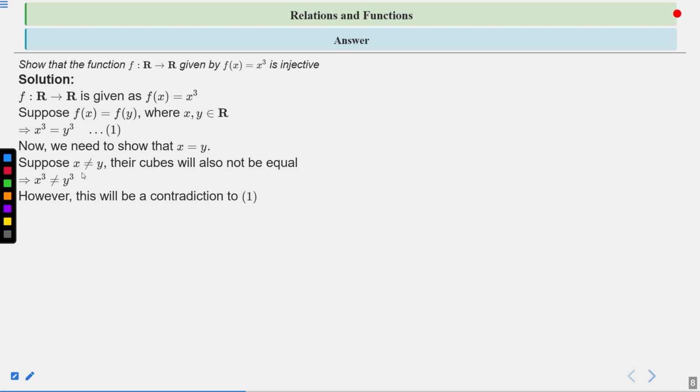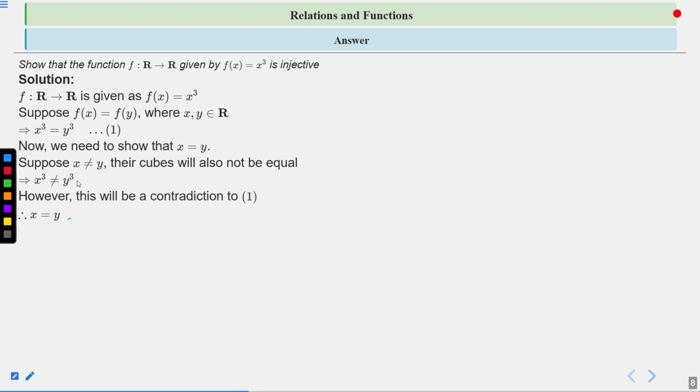But by our supposition, we have supposed that x is not equal to y. But when x is not equal to y, how can x cube be equal to y cube? So x cube will not be equal to y cube, but this is a contradiction to our statement 1. Therefore, this contradicts the fact that x cube is equal to y cube.